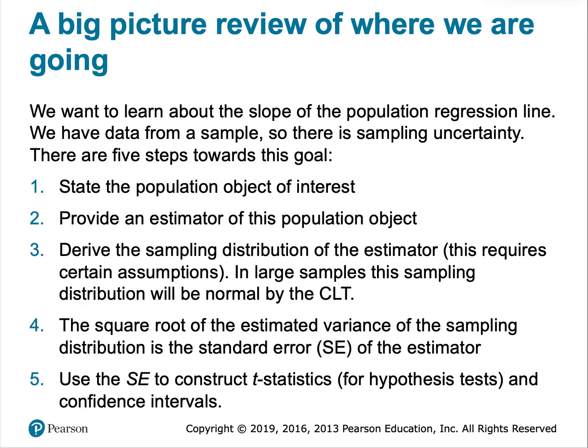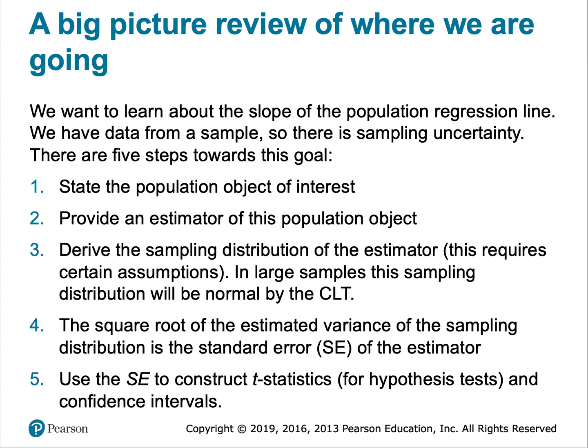There are 5 steps toward this goal, and we have completed much of them. Okay? So, number 1, we're going to state the population object of interest. In most cases, at least in this chapter, the population object of interest is going to be beta 1.